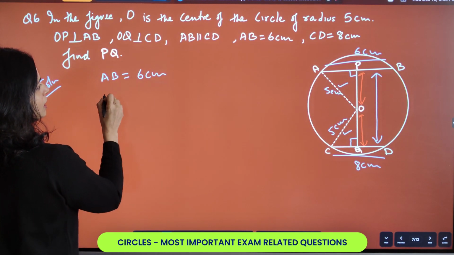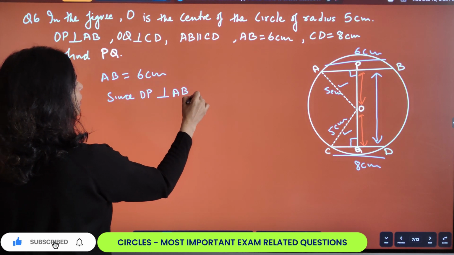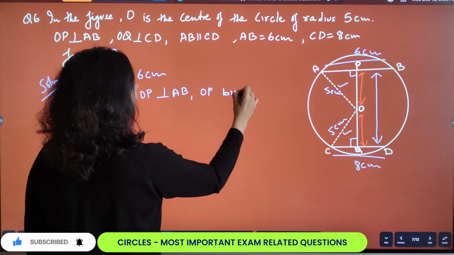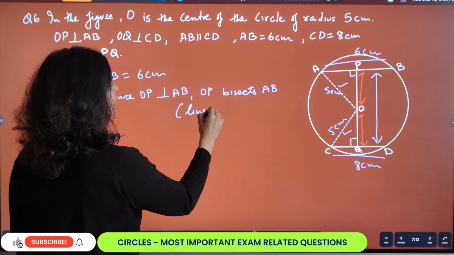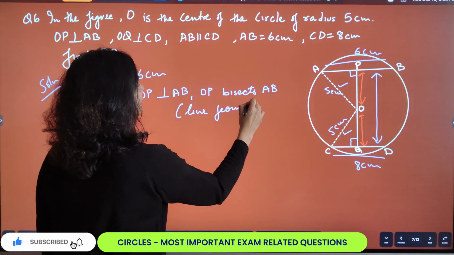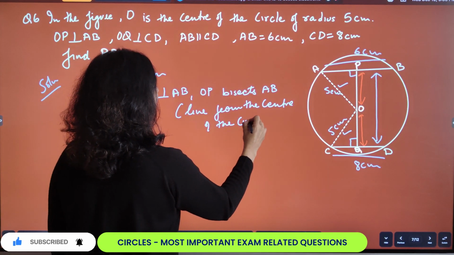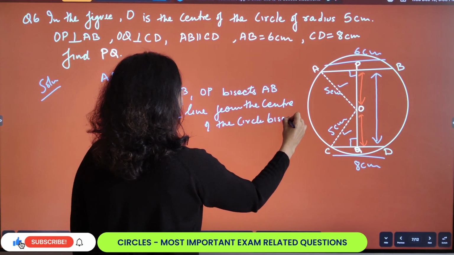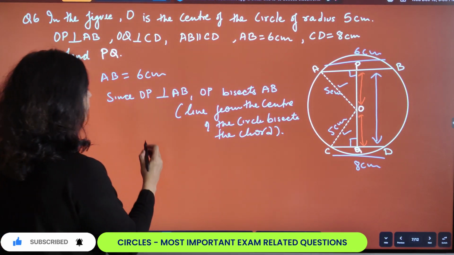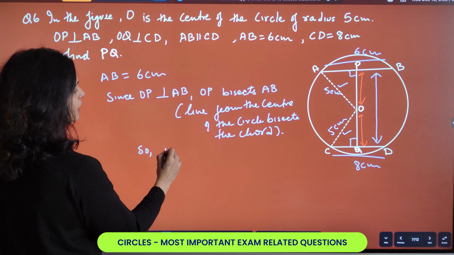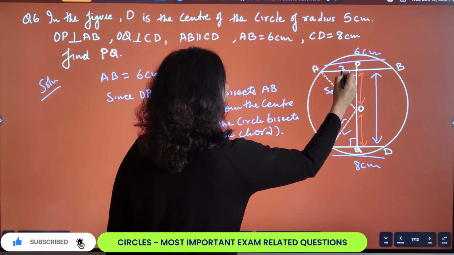Since OP is perpendicular to AB, OP bisects AB, because the line from the center of the circle bisects the chord. This is also a theorem of the circle. So AP is equal to 3 centimeter, that is half. So this will be 3, this will be 3.